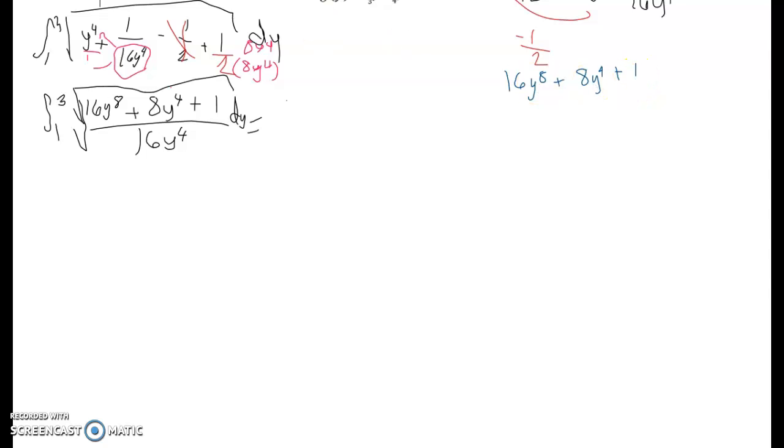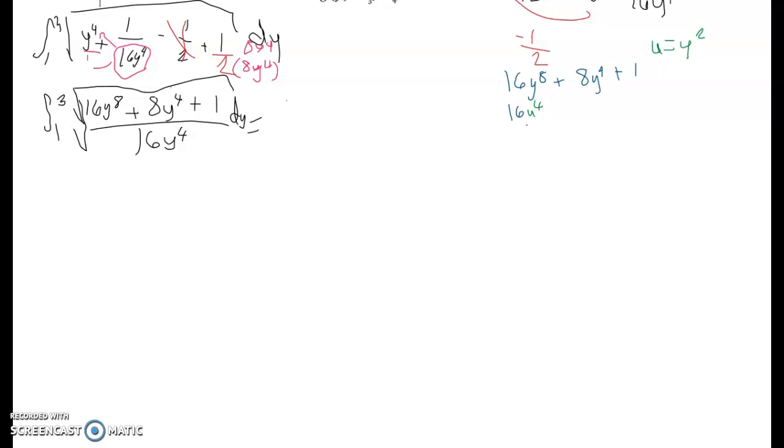To make this easier on us, we're going to make u equal to y squared, and that would make this 16 u to the fourth, sorry, not to the fourth.